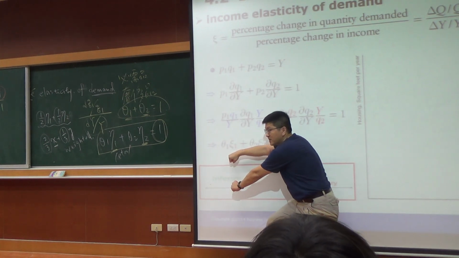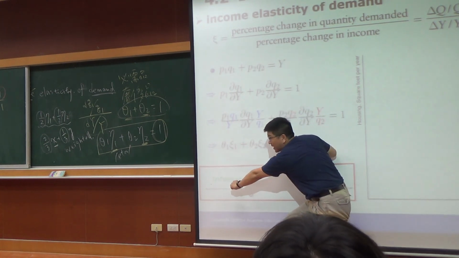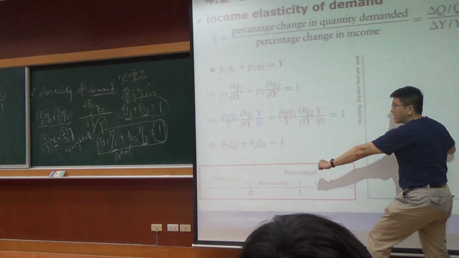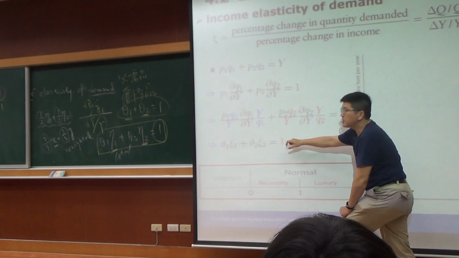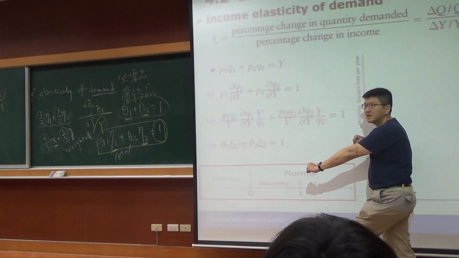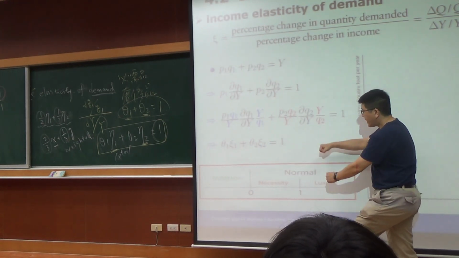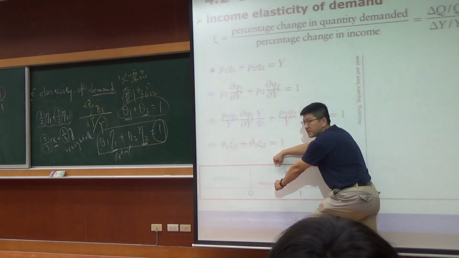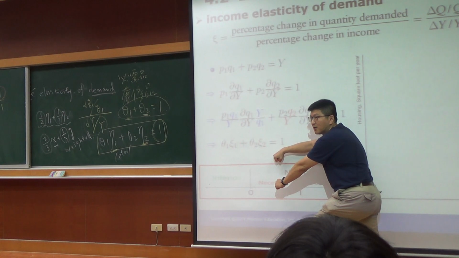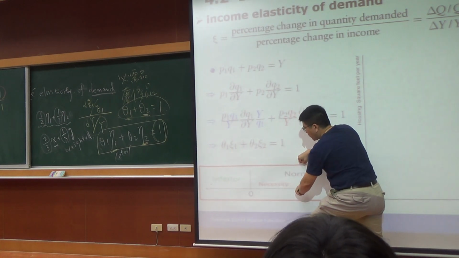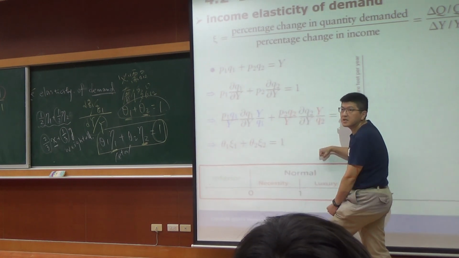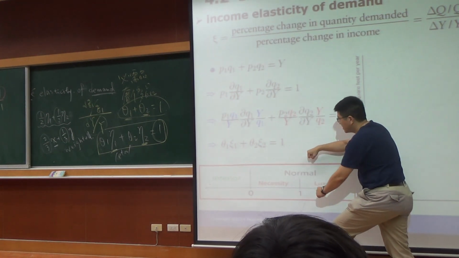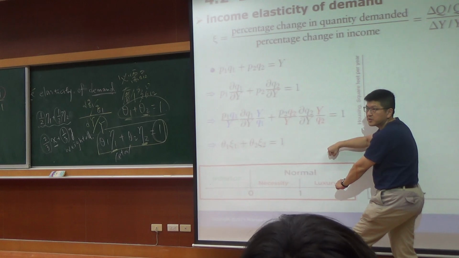Of course not, because if you make one inferior, then the other one must be luxury, so that this equation can be balanced. Okay? And of course, can we have both goods be necessary? Of course not, because if one is necessary, the other must be luxury. And we cannot have two luxury goods as well.